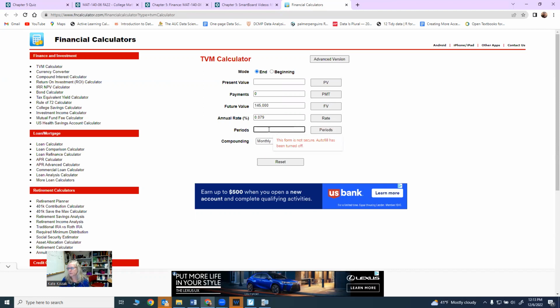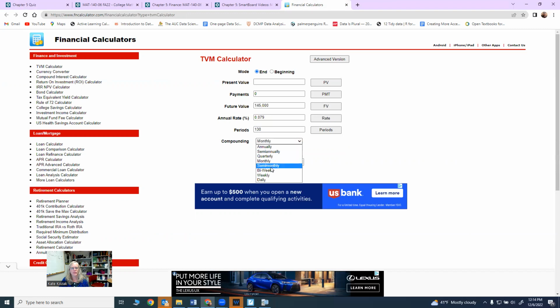My periods, well, this is where it gets a little tricky. I'm doing it for 30 months, and I'm doing it for 52 weeks a year. So it actually is 52 times that 30 divided by 12. So you actually have to figure that out on your own. And so we get that there's going to be 130 periods.